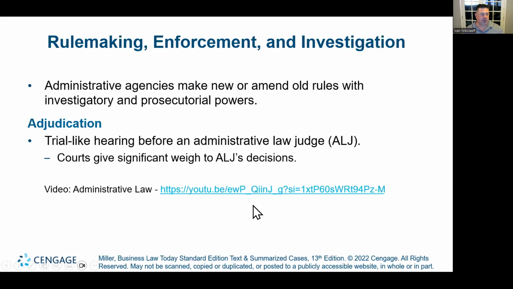So administrative agencies make new rules or amend old ones, and also investigate and have prosecuting powers for organizations that don't abide by the rules that they've made. Adjudication is a trial-like hearing before an administrative law judge, also known as an ALJ. Courts give significant weight to ALJ decisions.